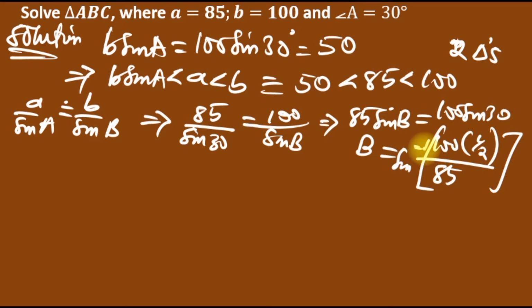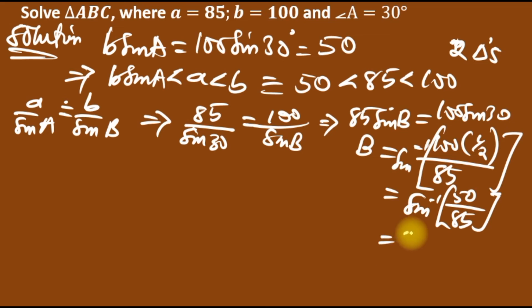Sine goes over to its arc sine of the solution. So arc sine of 50 over 85 is 36.03 degrees or 143.97 degrees.